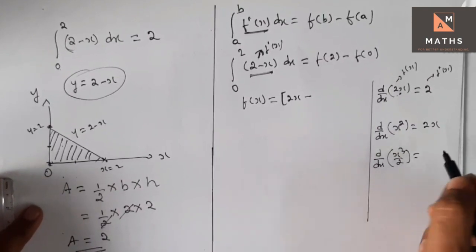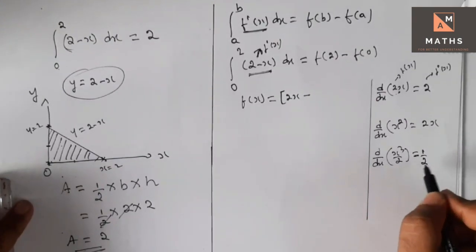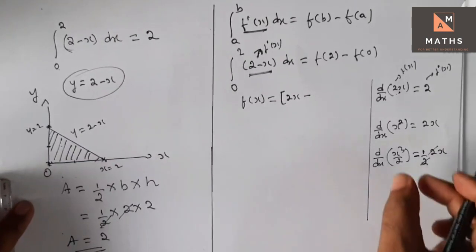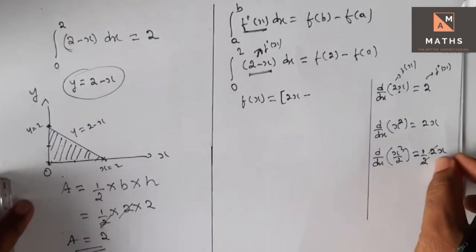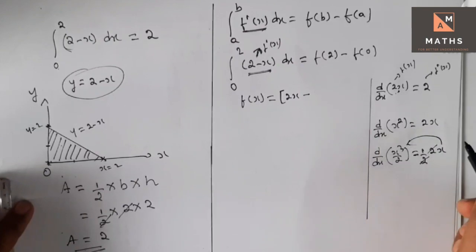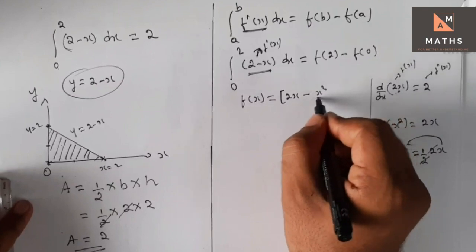If you differentiate x square by 2, what will we get? 1 by 2 is constant, the differentiation of x square is 2x, and the 2 gets cancelled. So we got the derivative of x square by 2 is equal to x. So it means the integration of x is x square by 2.